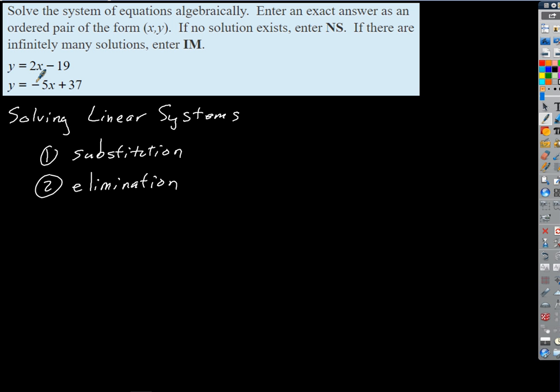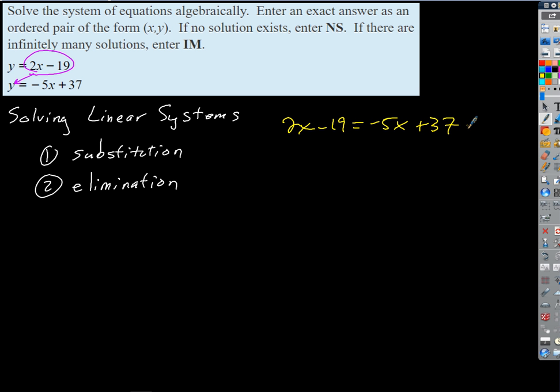That means I can take the expression 2x minus 19 and plug that in for y in the other equation, right? And what's that give me if I do that? Well, then I end up getting 2x minus 19 equals negative 5x plus 37.